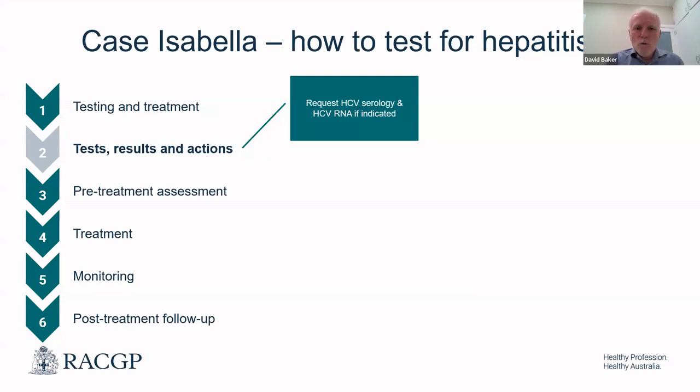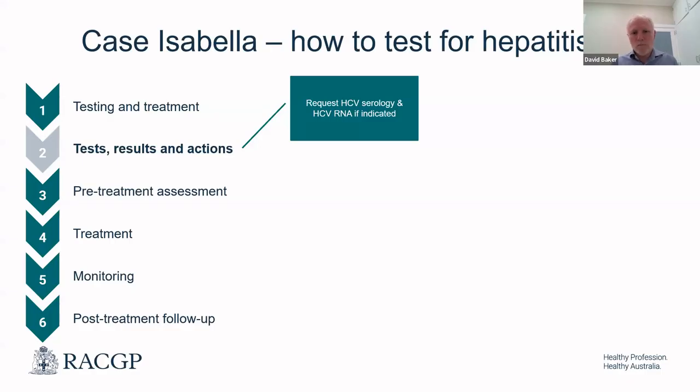So what's the best thing in this situation? We would probably order some other tests to do with tiredness, but we should definitely order a hepatitis C serology and also ask the lab to do a hepatitis C RNA if the hepatitis C antibody is positive.